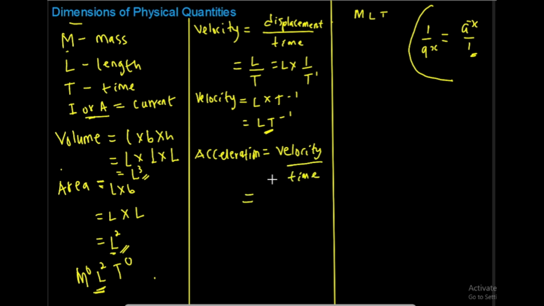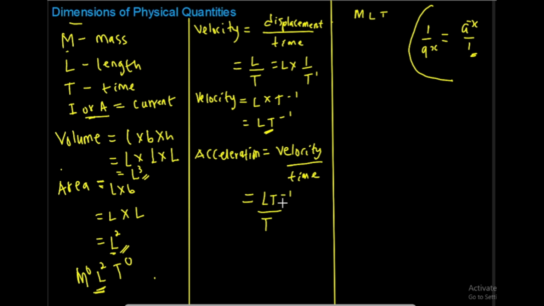So what's the dimension for velocity? We've already calculated it here to be LT minus 1, over time. Dimension for time is T. Now remember, I said that no letter is allowed or permitted to appear more than once. If it happens, we need to simplify it. Here we have t appearing twice.